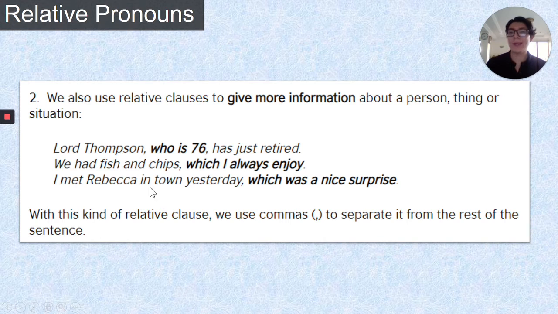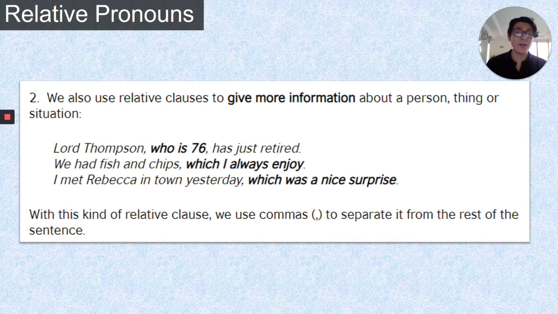I met Rebecca in town yesterday, which was a nice surprise. Another example: the cell phone, which is on my computer, is really nice. Or the student, who is left-handed, is really intelligent.